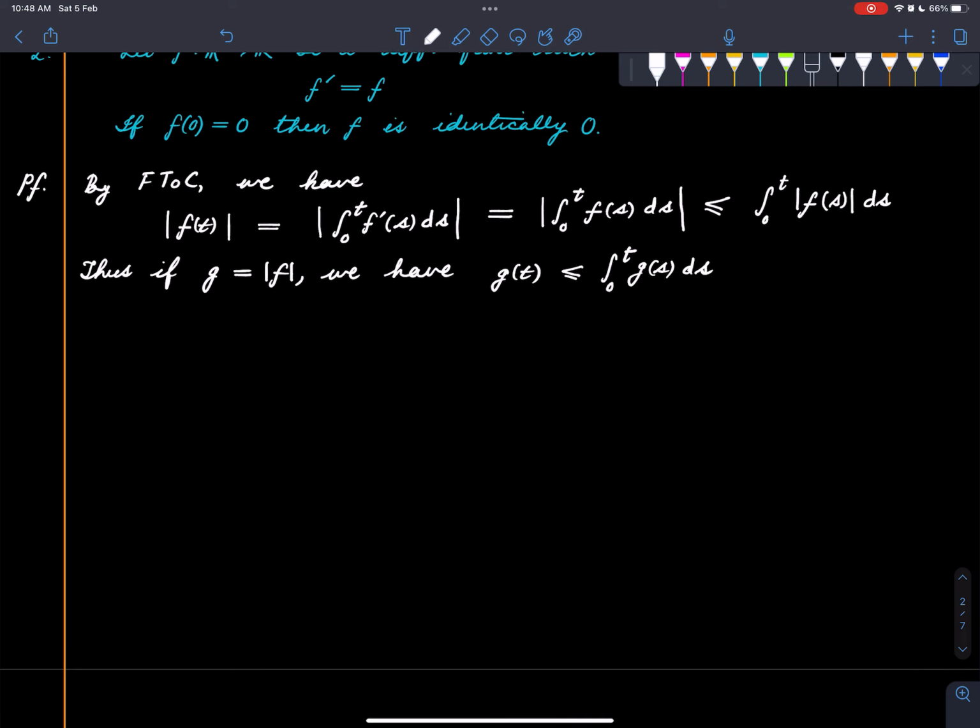So we have this inequality, and let's mark it because we'll use it later. Just be mindful of this one.